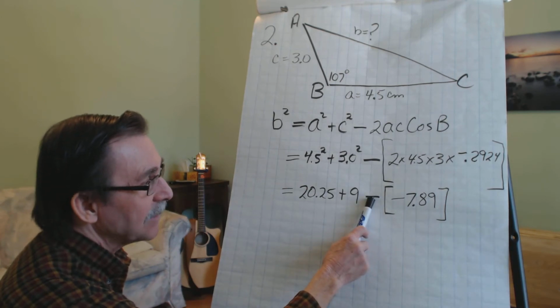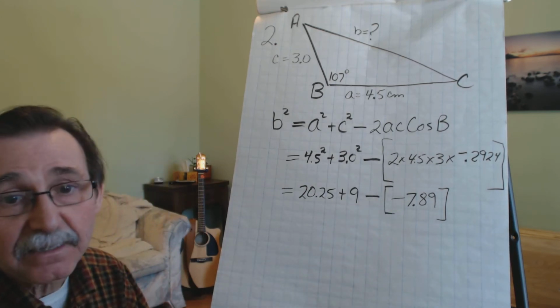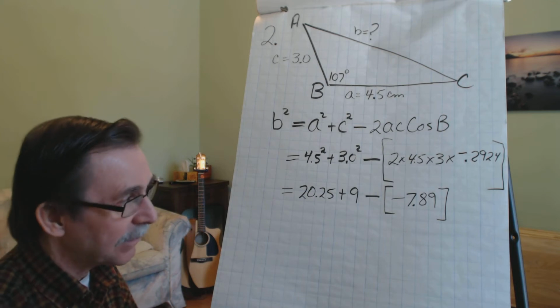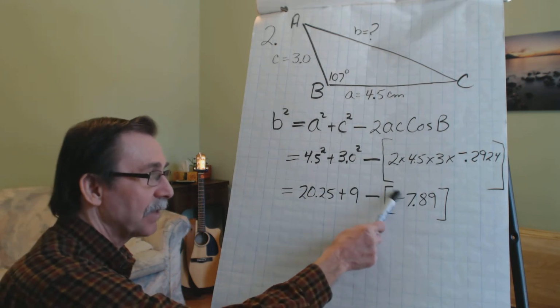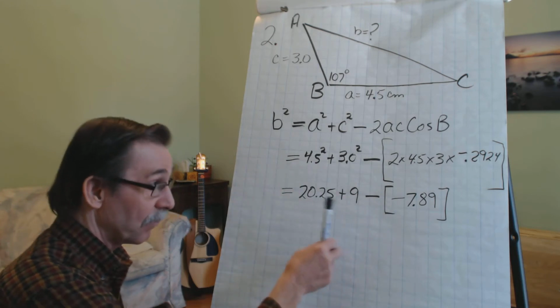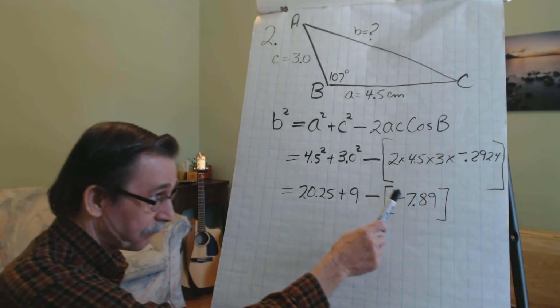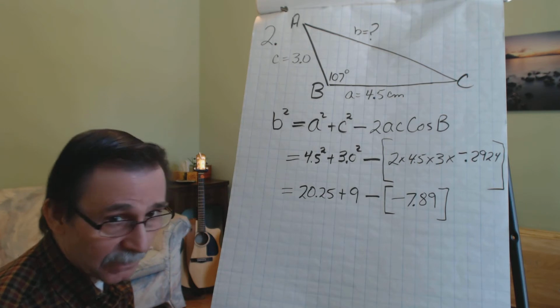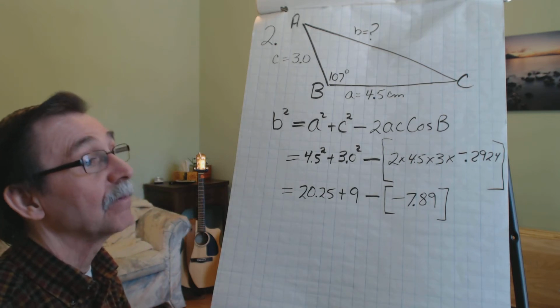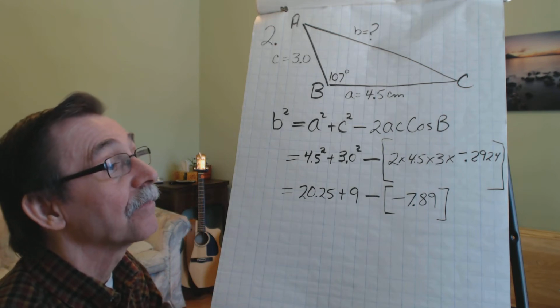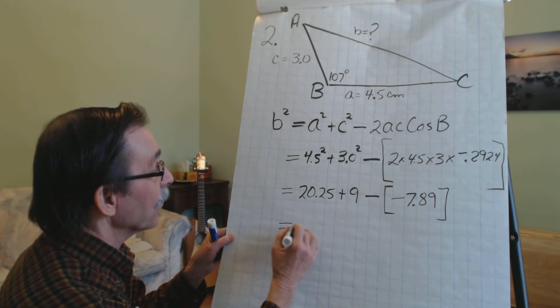When you're subtracting a negative, it's exactly the same thing as adding. Now, it doesn't matter to me if you ignore the double negative and just add, or if you actually subtract negative 7.89. At the end of the question, you need to have a number about this size. 37.14.